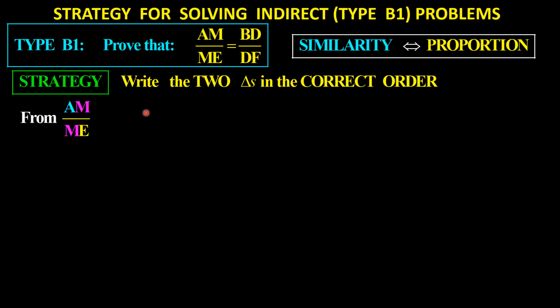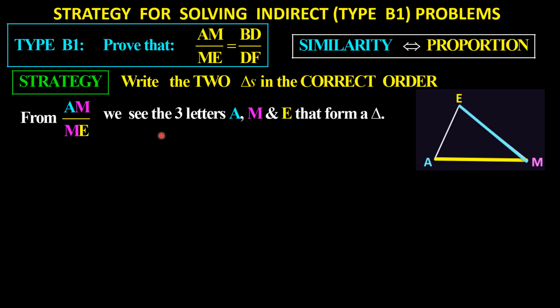And I'm just going to color code it to make it easy. There's an A and an M, and an M and an E. What do we notice there? How many letters are there? Only three: A, M, and E. So from that we can identify three letters, right? And if I have three letters, they can form a triangle. There I have A, M, and E, and I've color coded it the same way.